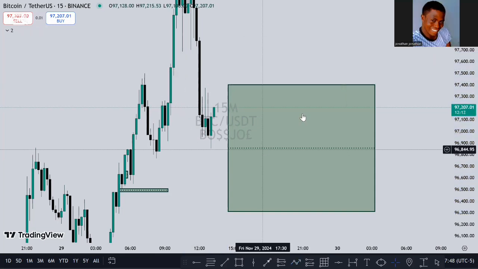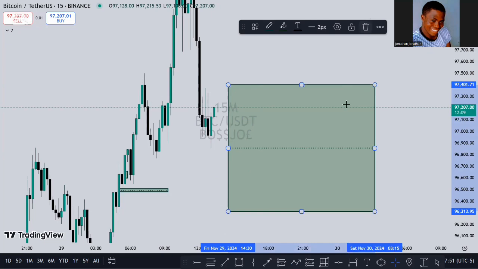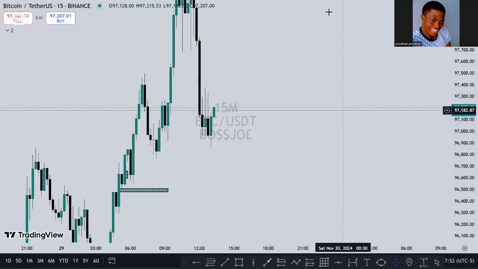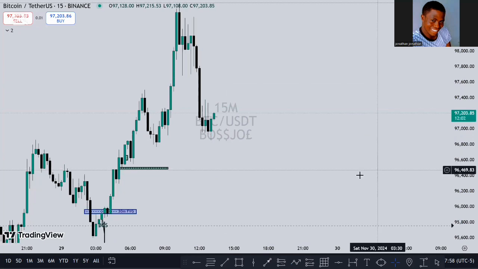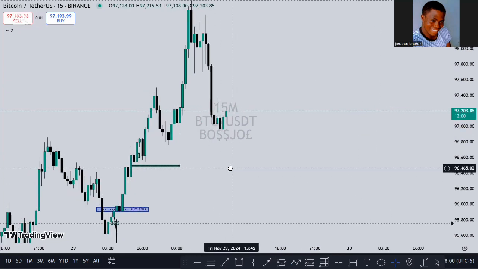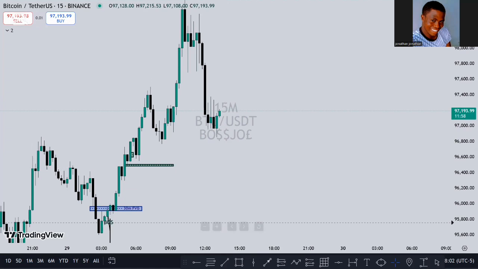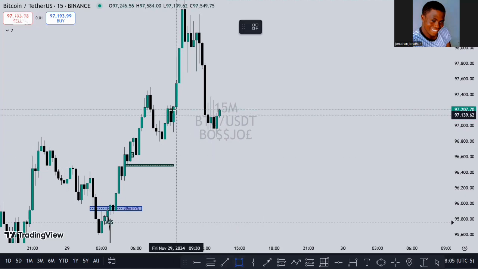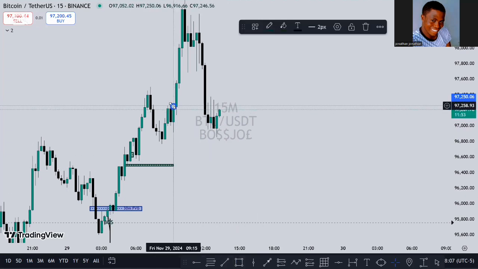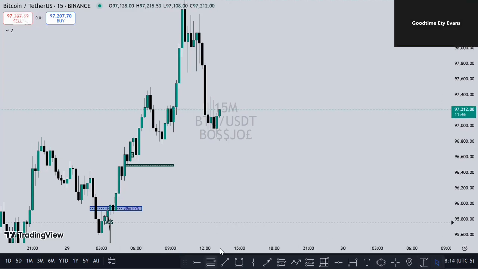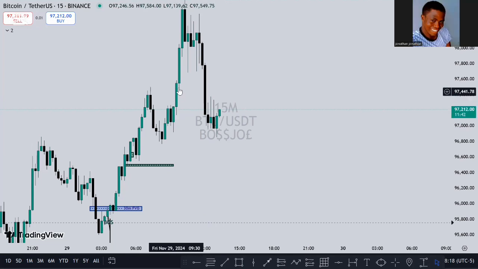So once I see fair value gap, that's one of the bases for my strategy. Fair value gap is very important to me because I've seen it work in my years of trading. The gap between this candle's high, sorry, let me use arrows, the gap between this particular candle's high and this candle's low is what is called fair value gap.